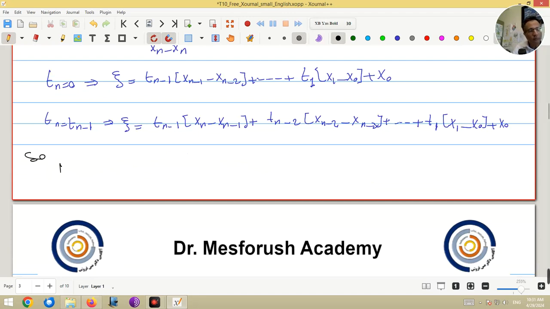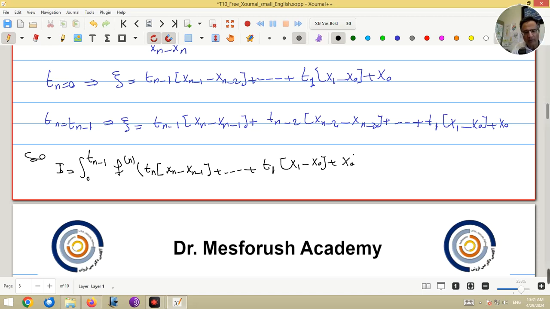So I can write this integral I, which was equal to the integral from 0 to Tn minus 1 of the derivative of order n of f at Tn xn minus 1 plus T1 times x1 minus x0 plus x0, dTn.